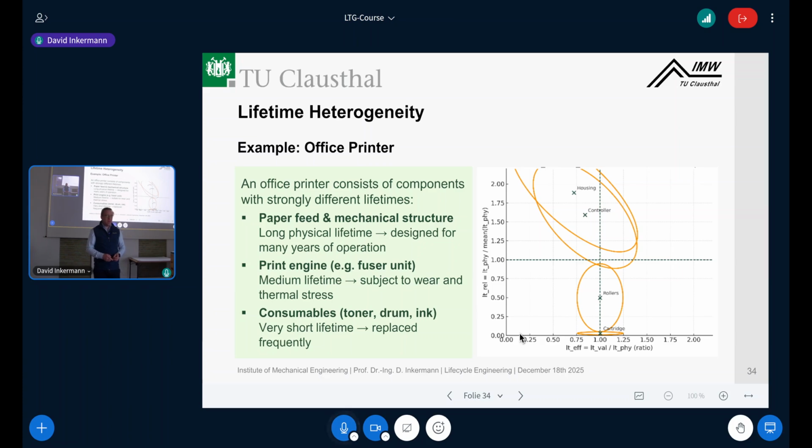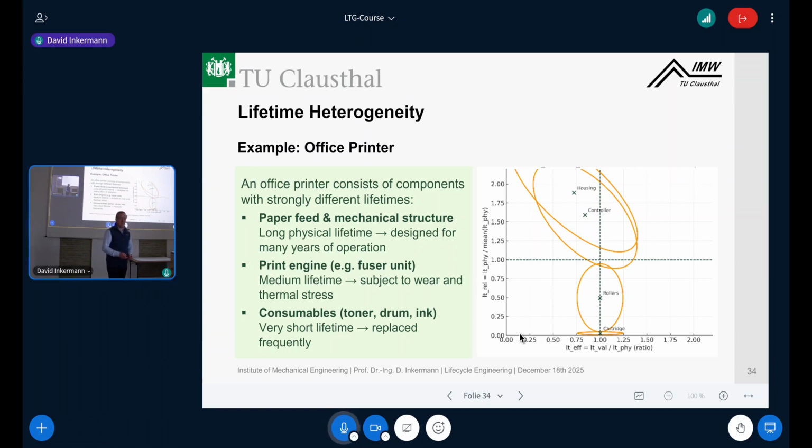The printing engine and fuser unit are maybe medium with regard to lifetime, and shorter is the toner, the drum, and the ink, which is why we have to replace them more frequently. That's basically what you can conclude from this lifetime heterogeneity analysis.